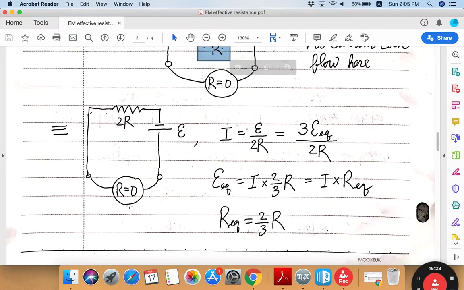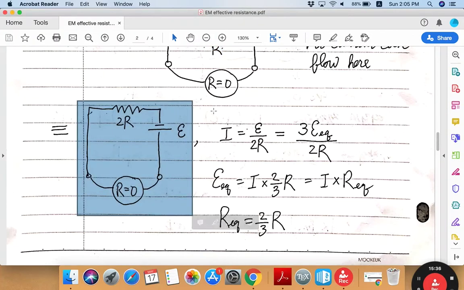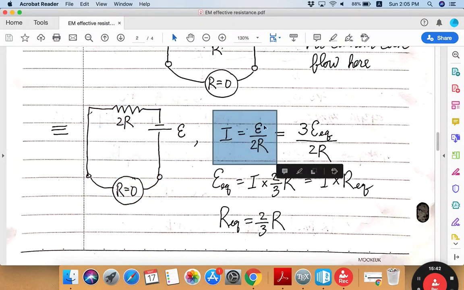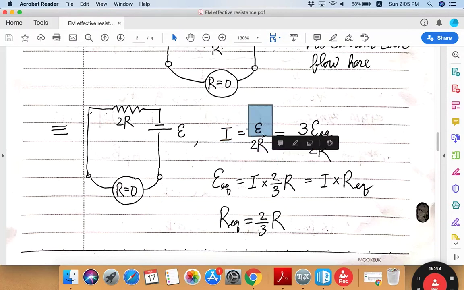Okay, then this circuit is extremely simple to analyze. And you can immediately read off the amount of current that passes through this circuit, and we can also invoke the previous knowledge about this epsilon being 3 times the equivalent voltage.